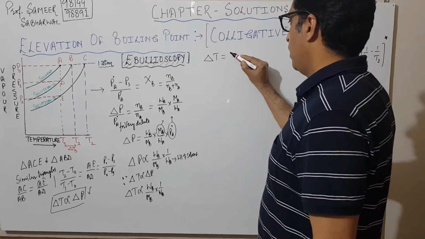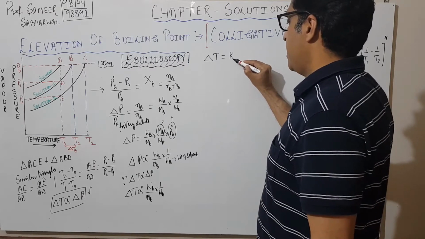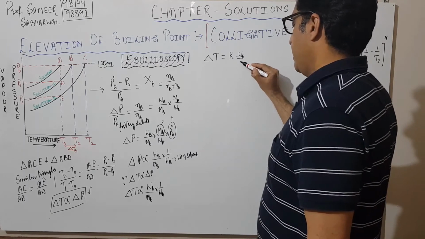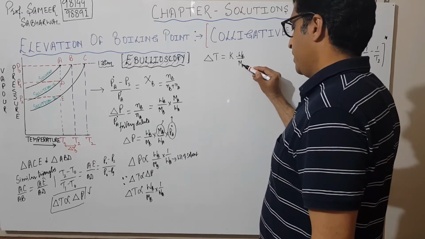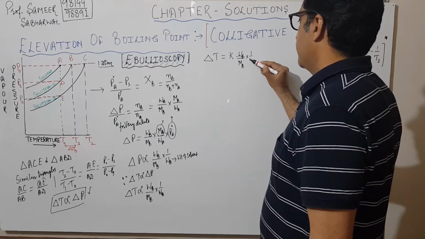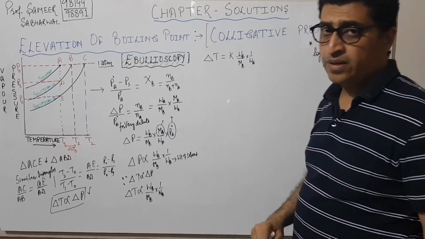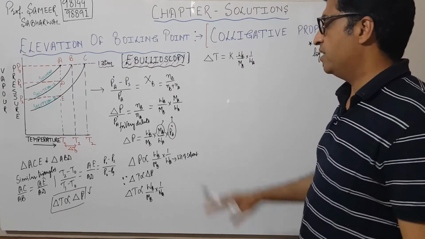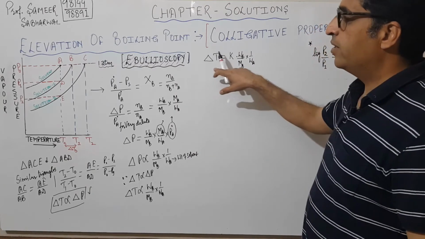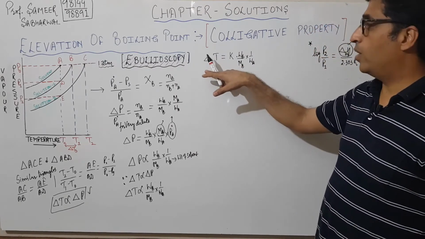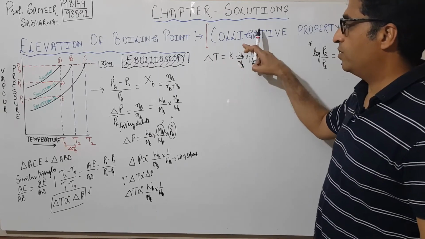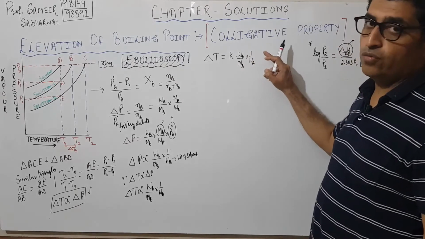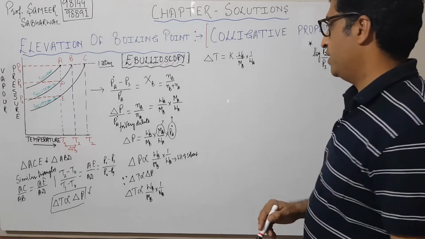Say I call this K into WB by MB into 1 by WA. So students, this is a general result for this expression, that the elevation in boiling point is equal to some constant times weight of solute by molecular mass of solute, that is moles of solute, into 1 by WA, that is weight of solvent.